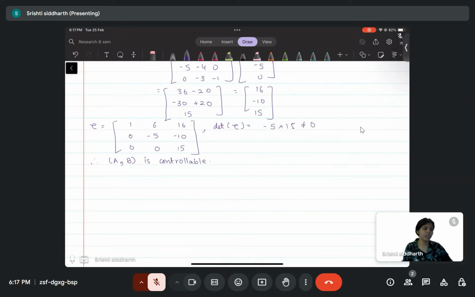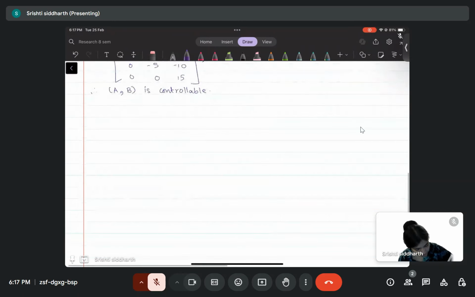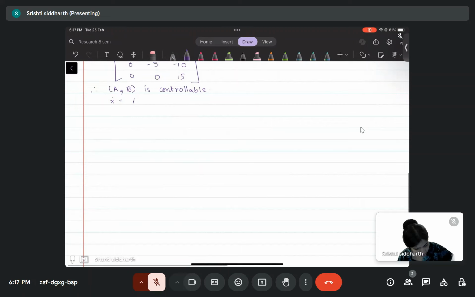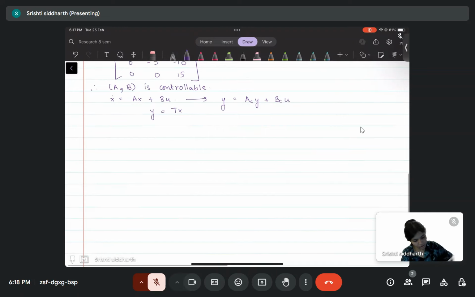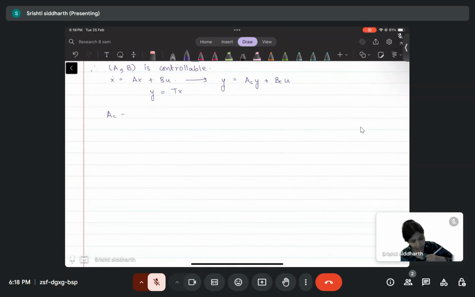Now we'll talk about the CCF form first. So we have a general LTI system, x dot equals Ax plus Bu. We want to transform this into a system y dot equals Ac y plus Bc u, and we want to find this transformation such that Ac and Bc have some nice forms. So I will write down what Ac should look like.